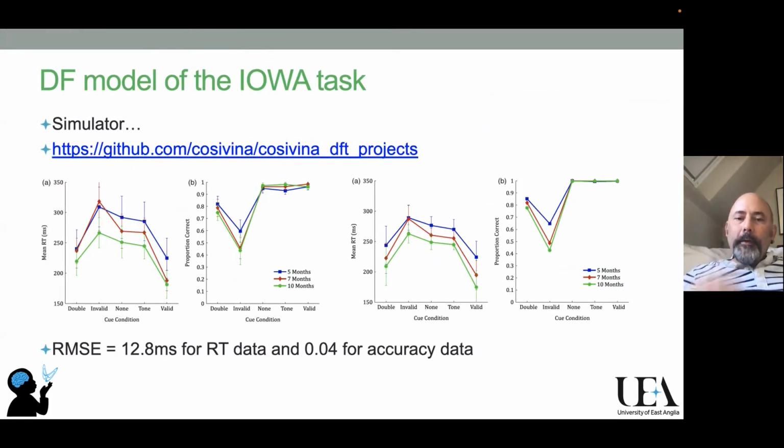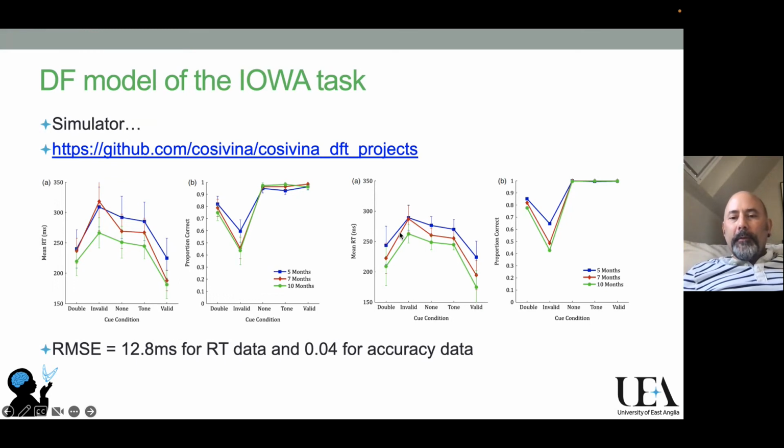Here are the empirical data on the left two panels in the middle of the slide, and here's the simulated data on the right two panels. And what you can see is overall the model fits the empirical data quite well. So the root mean squared error, which is just a measure of the quantitative fit, was 12.8 milliseconds for the reaction time data.